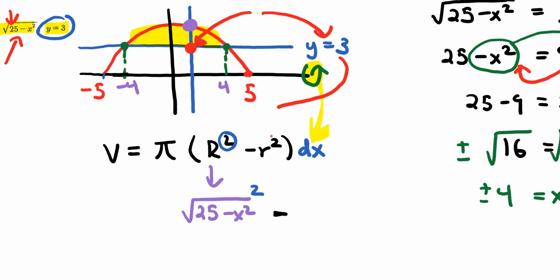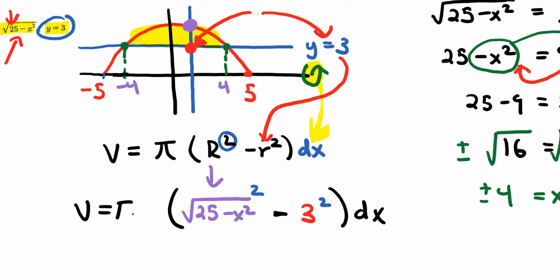That horizontal line represents the little r, so that's 3 to the power of 2. All of that is in a bracket, times dx, and then the volume equals pi, and I just integrate this from the two intersection points, from -4 all the way to 4.